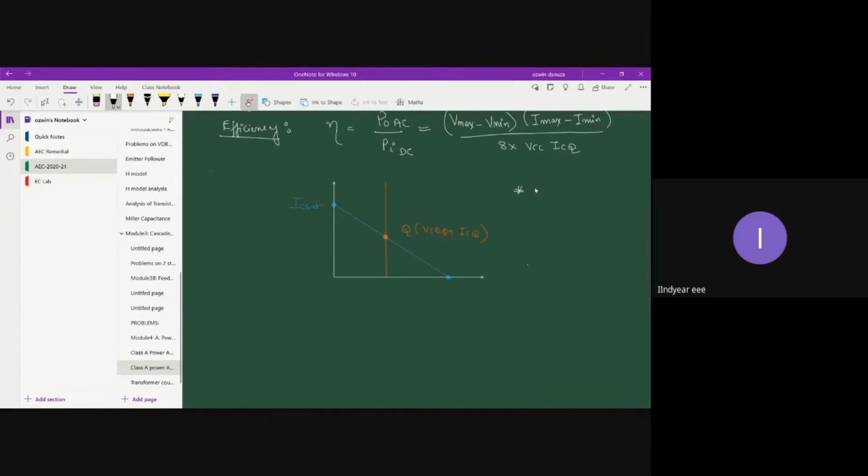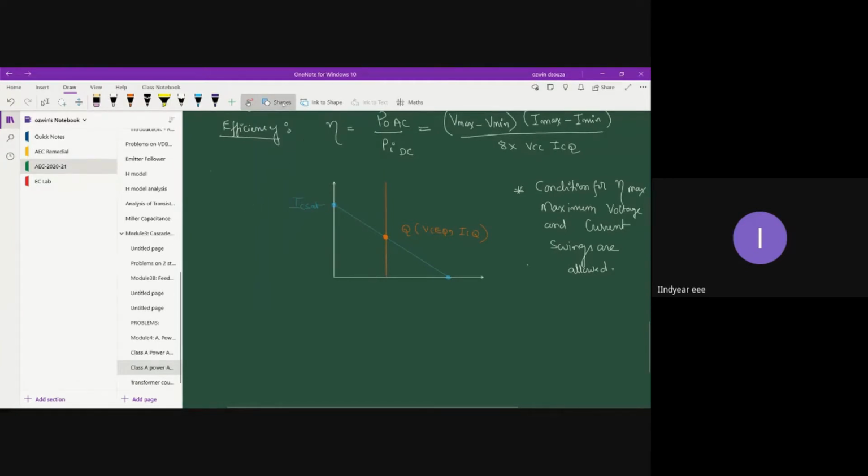Let me write down the condition, which you could even call a prerequisite. The condition for maximum efficiency, eta max: maximum voltage and current swings are allowed. Maximum voltage and current swings are allowed. So let us try to construct the same conditions.